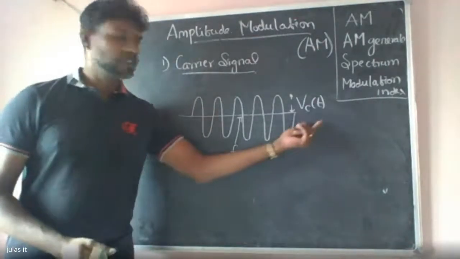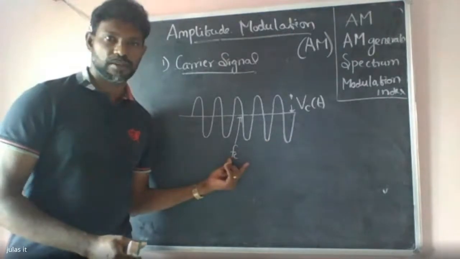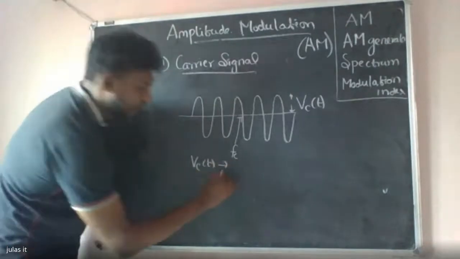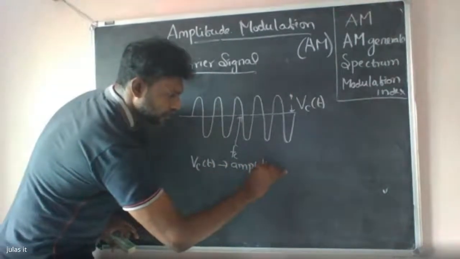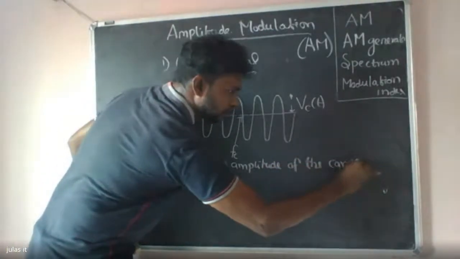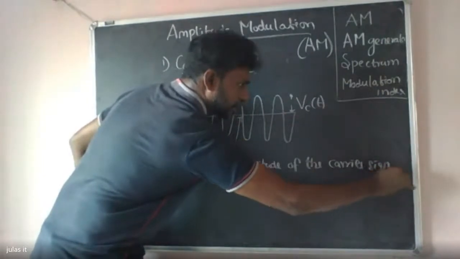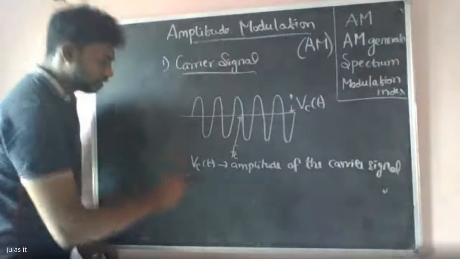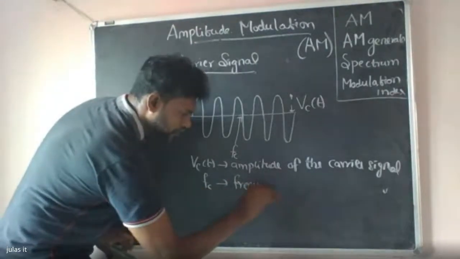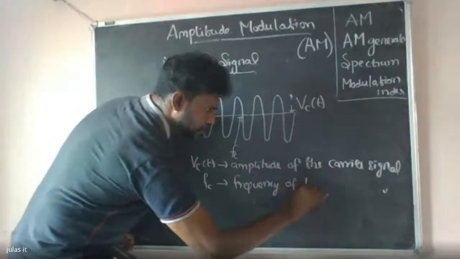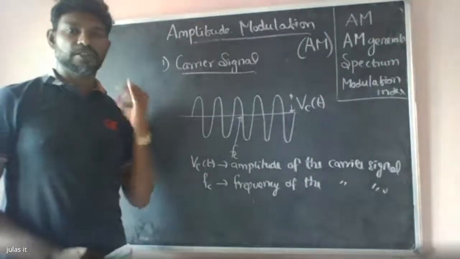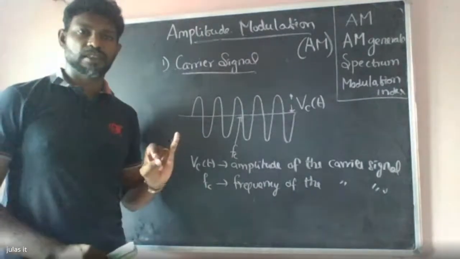Okay, Vc of t is nothing but the amplitude of the carrier signal, whereas Fc is the frequency of the carrier signal.